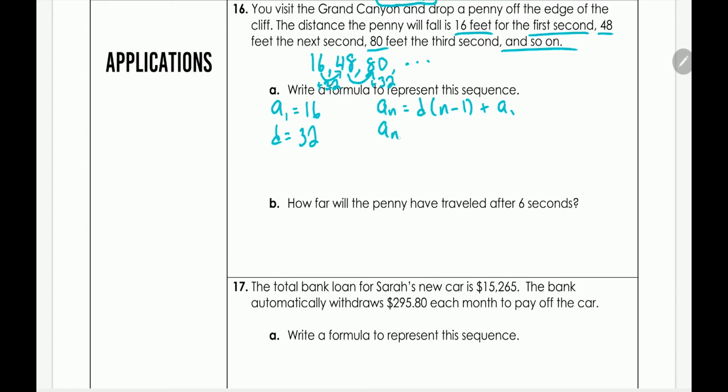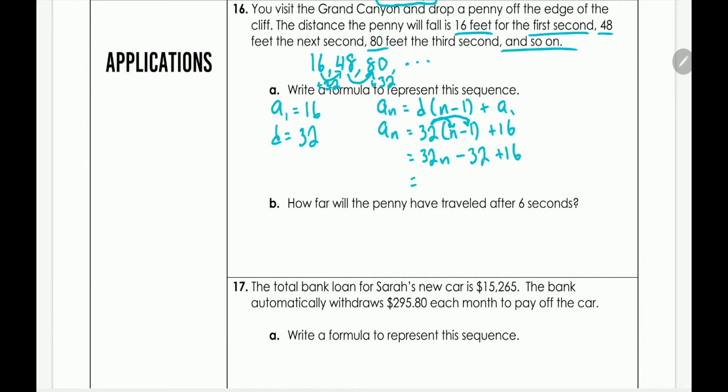So we have a sub n is equal to d, which is 32, multiplied by n minus 1 plus 16. Let's go ahead and distribute what we need to. So we have 32 multiplied by n. That gives us 32n. 32 multiplied by negative 1. That's negative 32. And then we have that plus 16.